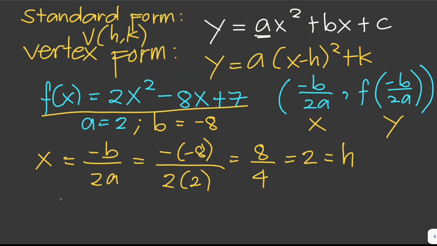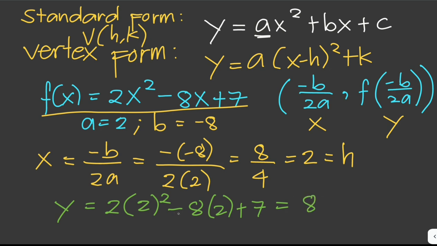So that would be y, or f of x, equals 2 times 2 squared minus 8 times 2 plus 7. So 2 times 2 squared is 4, is 8. Negative 8 times 2 is negative 16 plus 7. 8 minus 16 is negative 8 plus 7. Therefore, y is equal to negative 1.